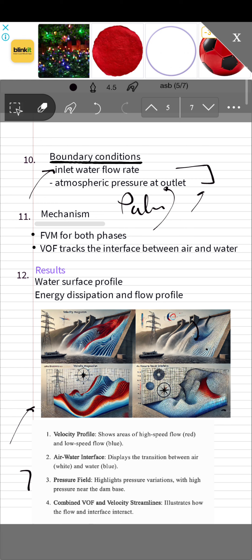This is the combined one, and it shows how the flow and the interface react with each other. So we get a pictorial representation of the fluid flow through the dam and its interaction with the air, and this governs how a spillway in a dam works.